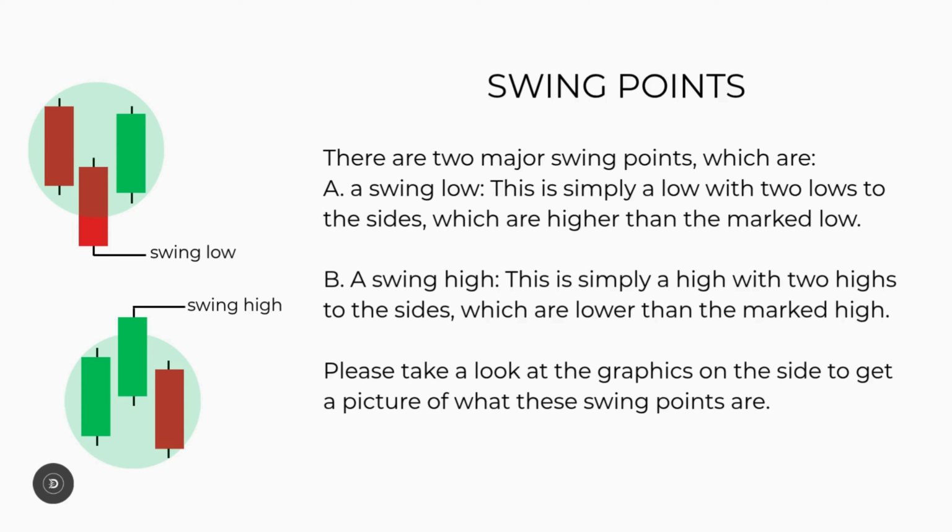A swing high also is simply a high with two highs to the sides, which are lower than the marked high. So we have these two candles to the sides with their highs lower than the marked high. The middle candle's high is what we mark out as a swing high.